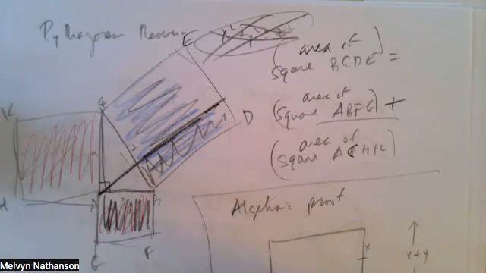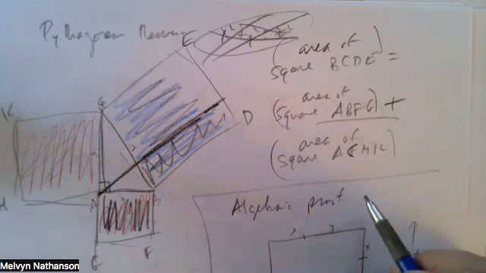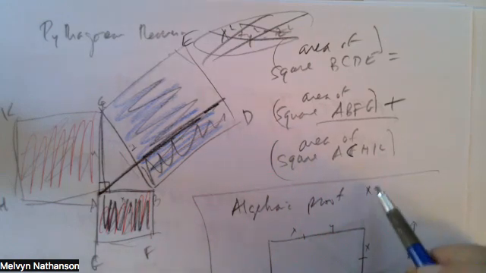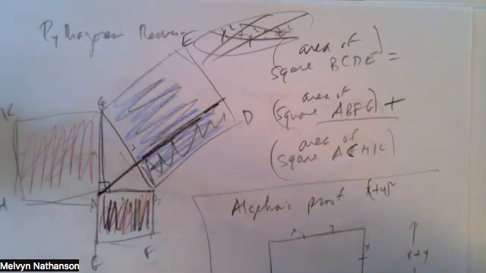One of length X and one of length Y on each side, right? So the area of the big square is X plus Y squared. It's the area of this big square. But after I've marked off lengths of size X and Y on each side, let me draw these lines.